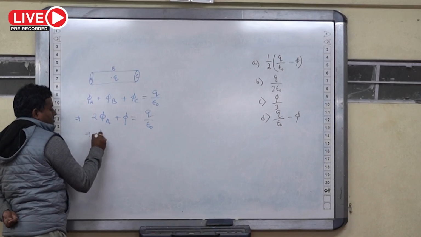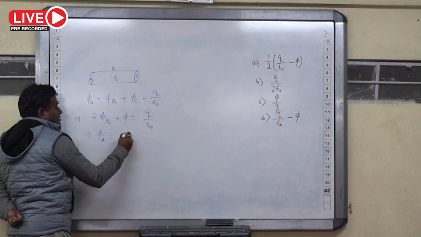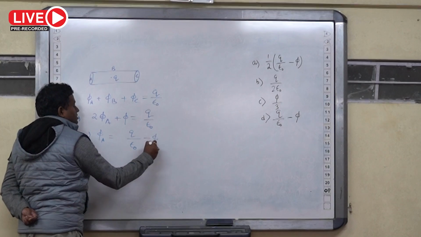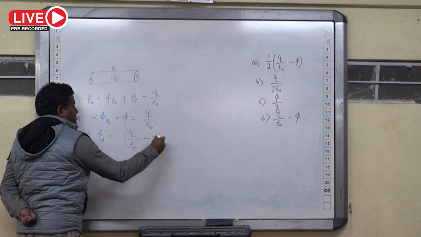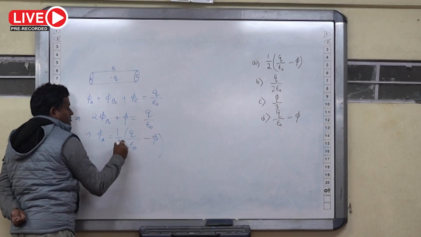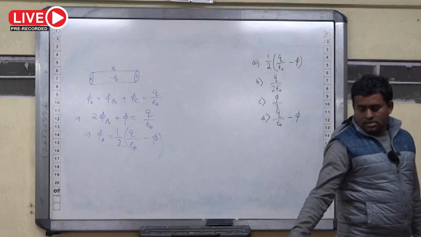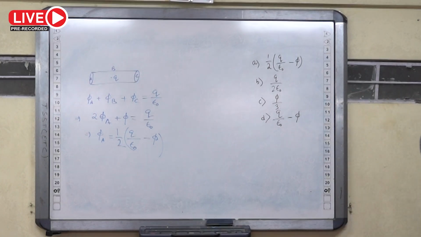Then what is phi A? Through the curved surface flux is mentioned as phi. So total flux is phi A plus phi C plus phi B. Phi B is given as phi, and phi A and phi C are equal.